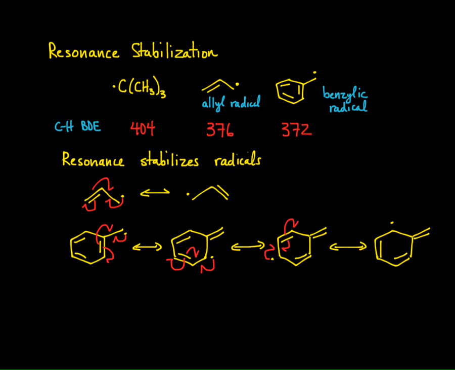Because of this delocalization of electrons, radicals in which you have a pi bond adjacent to the radical are certainly much more stable than a typical alkyl radical.